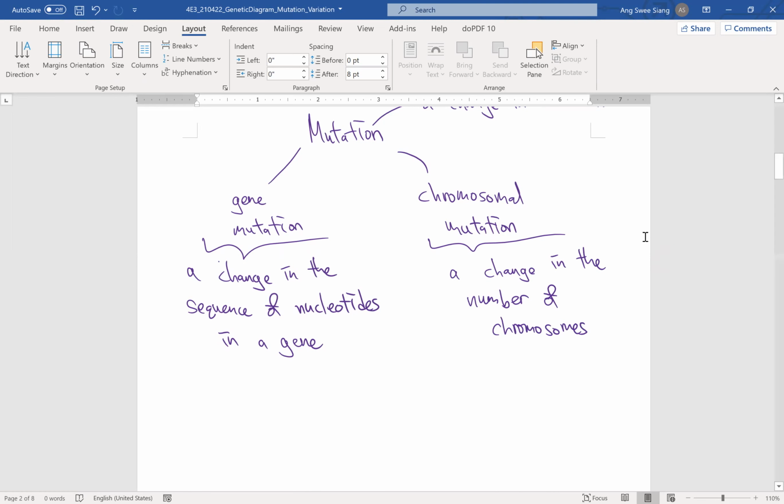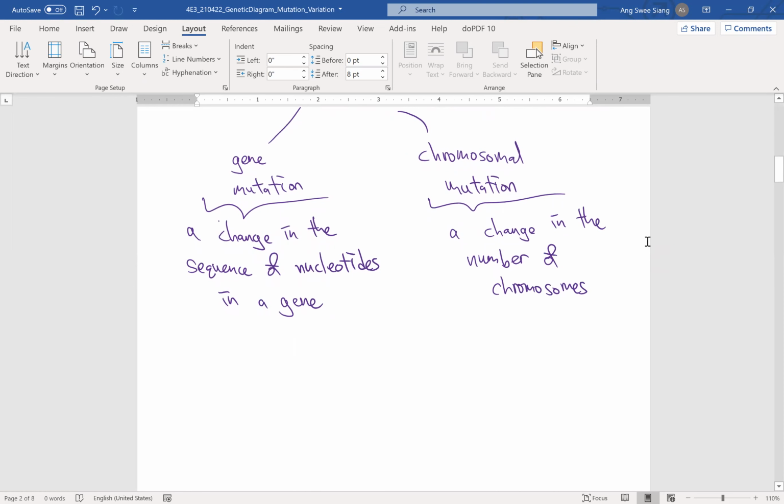Yes, so Dylan is correct. In a normal human cell, we have 23 pairs of chromosomes. 23 pairs is equal to 23 times 2, equal to 46 chromosomes. We want the correct number of chromosomes.